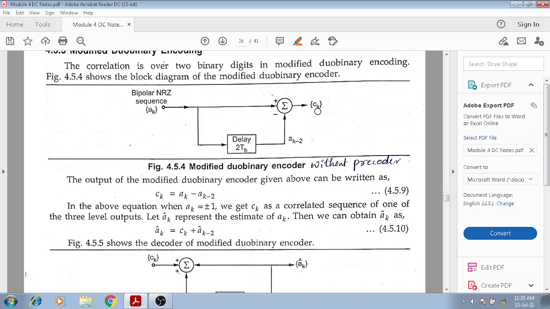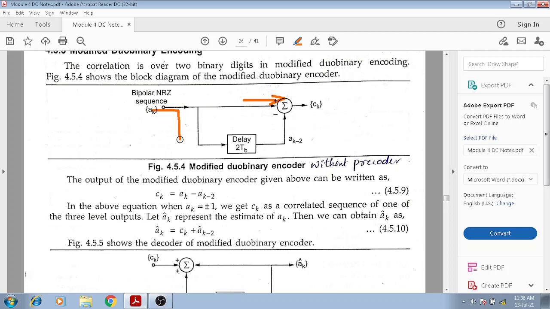And how to get this ck? This ck can be written as ak minus ak-2, and this ak-2 is the output of the delay when 2TB is considered whenever the input is ak.